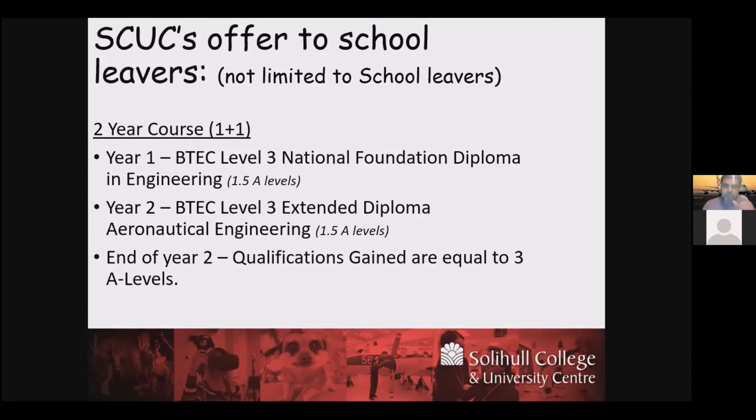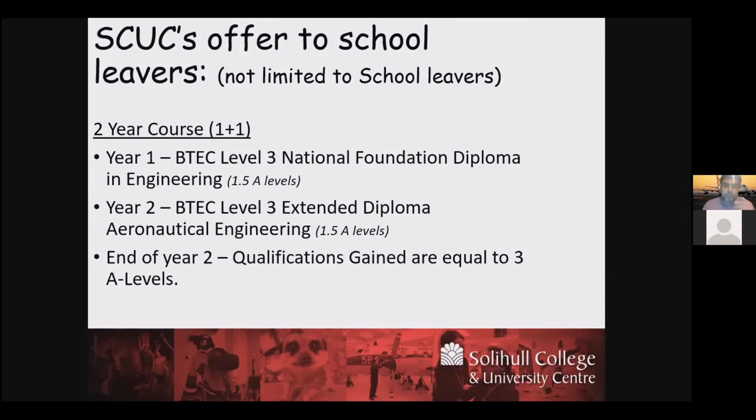I'll come to that again when I talk about what sort of subjects you would be studying. So year 1, a general engineering course, is equal to 1.5 A levels. If you do well in that and you progress to year 2, you do the course called BTEC Level 3 Extended Diploma in Aeronautical Engineering.